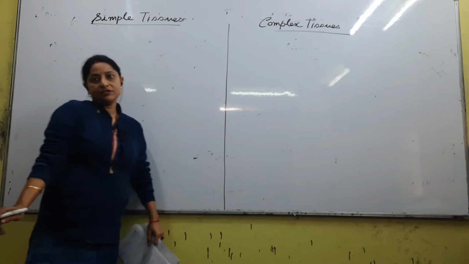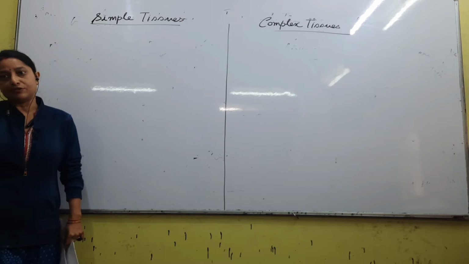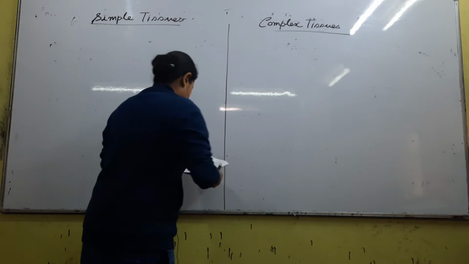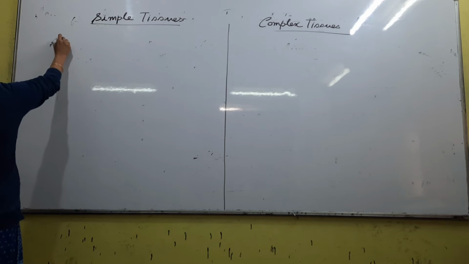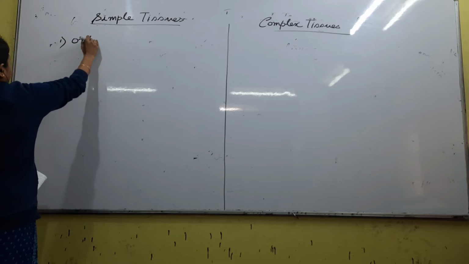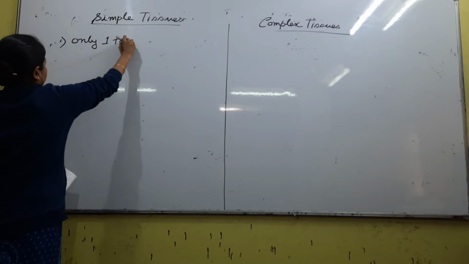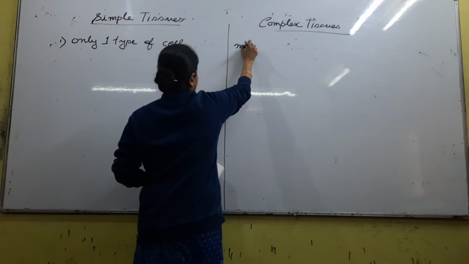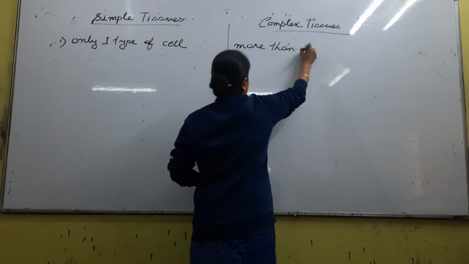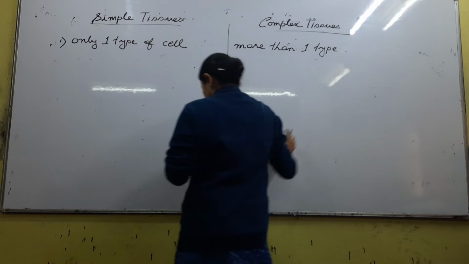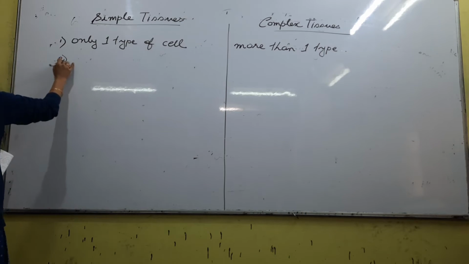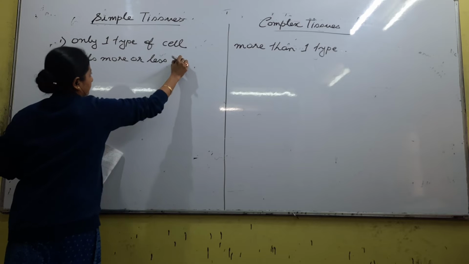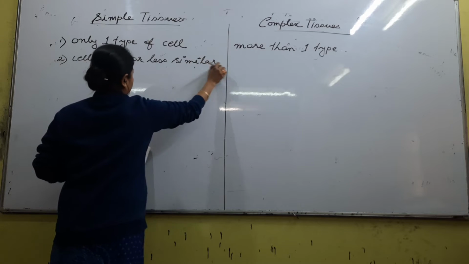So simple tissues and complex tissues, the basic difference is same type of cell or different types of cells. Same type of cell, same type of function; different types of cells, different types of functions.